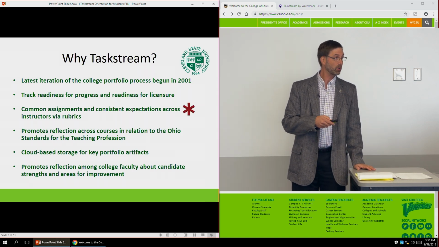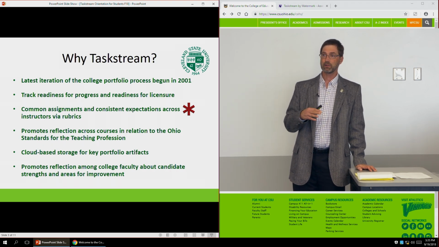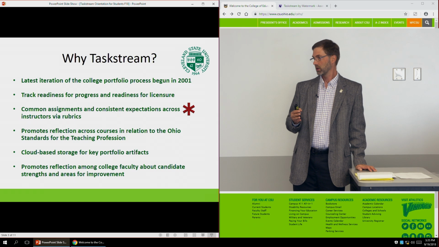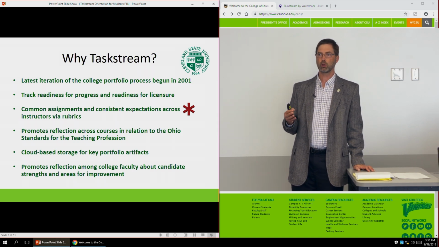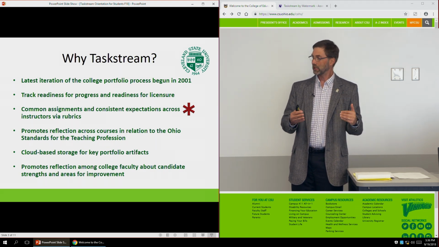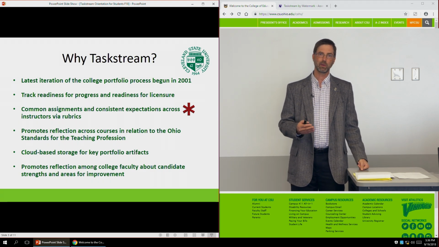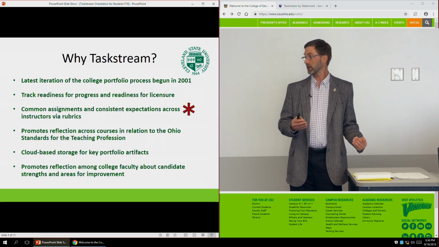The third bullet point you'll see, by having a common template for everybody, what that does for us is that it allows us to make sure that everybody who completes a program does the same key assignments through the course of their program, and they are held to the same expectations and they are assessed using the same rubrics, right?